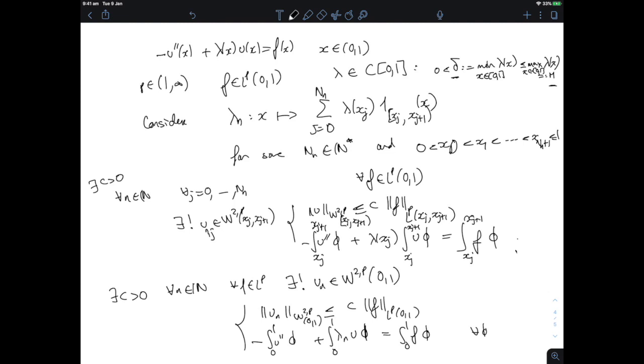Again, that's for every phi in C infinity, compactly supported. Right, so we have a family of solutions to a family of approximated problems, and they are uniformly bounded in W2P.